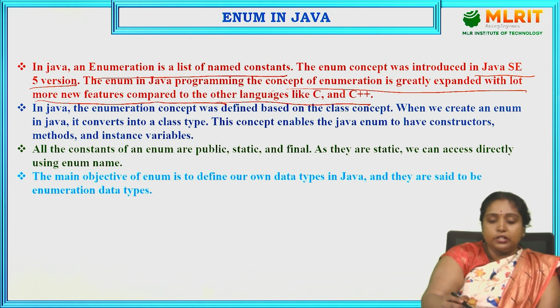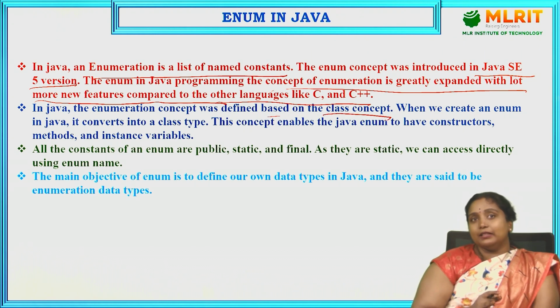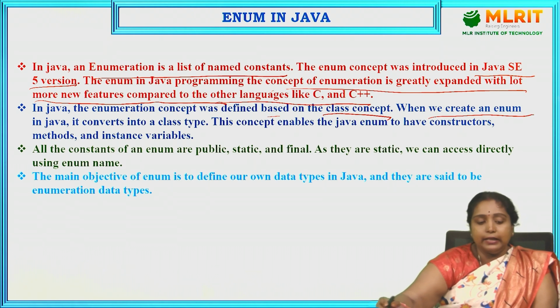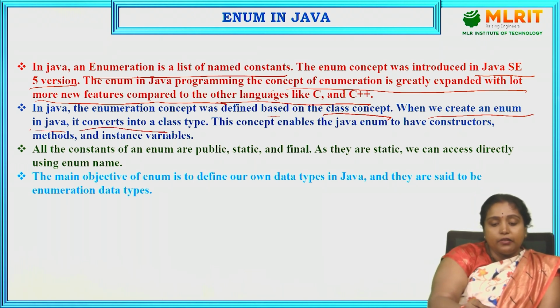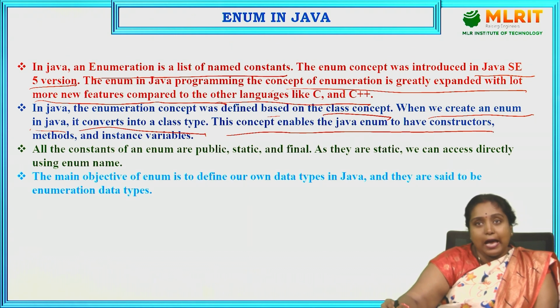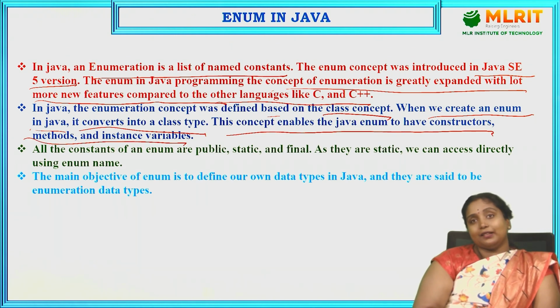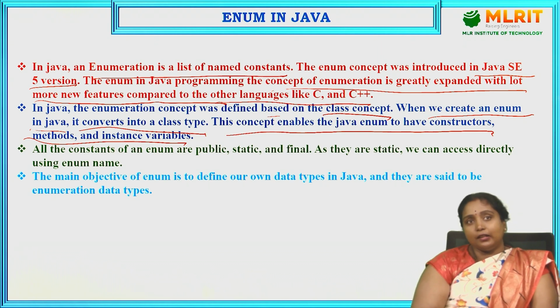So the enumeration concept was defined based on the class concept. So enum was defined with the concept called class. So when we create an enum in Java, it converts into a class type. And this concept enables Java enum to have constructors, methods and instance variables. So what can enums consist of? Constructors, methods and instance variables.